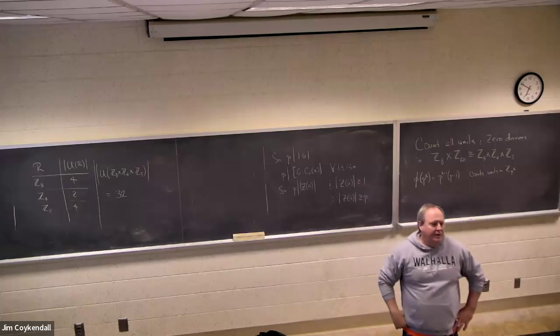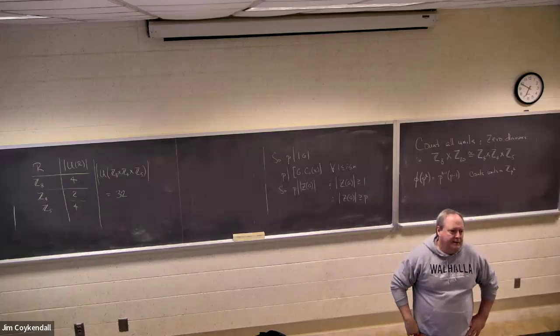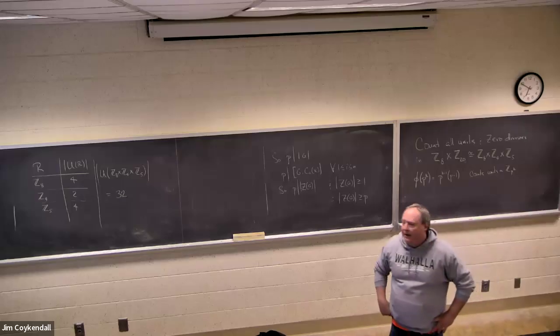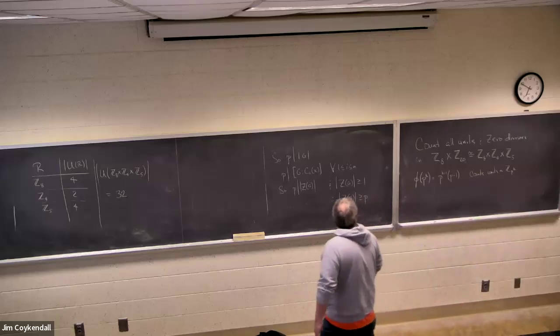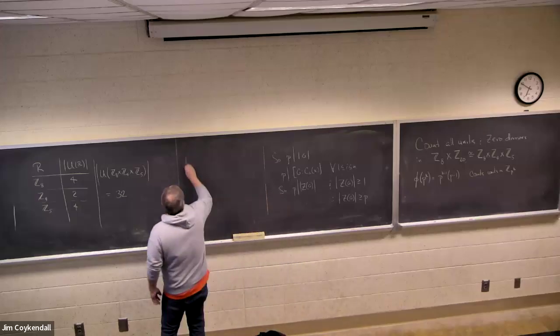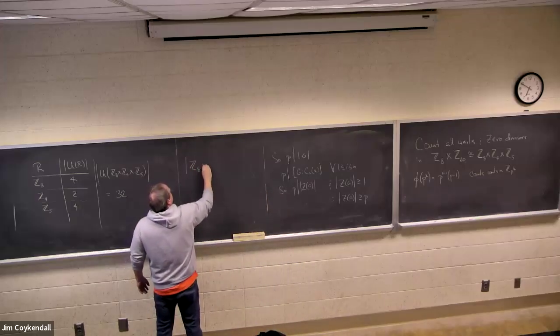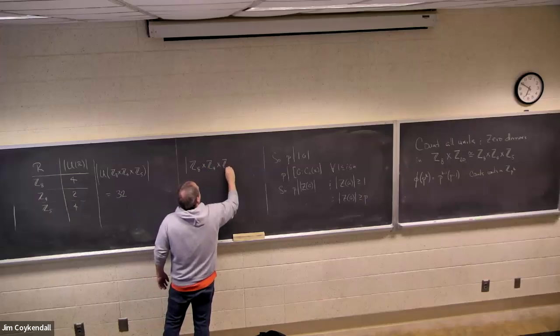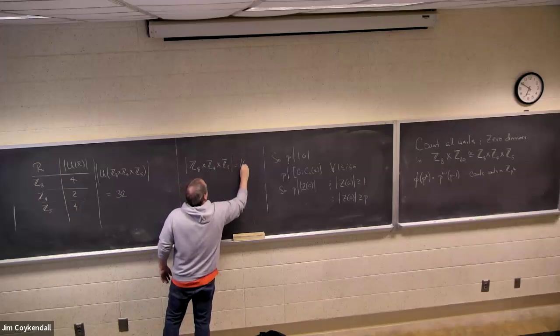How many zero divisors? Would it be everything else in this case? It's a finite ring, so it'll be everything else. And in this case, the number of elements in Z8 plus Z4 plus Z5 is 160.